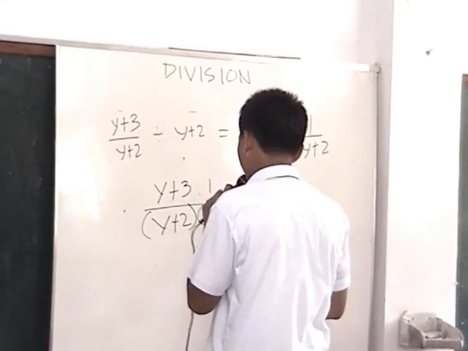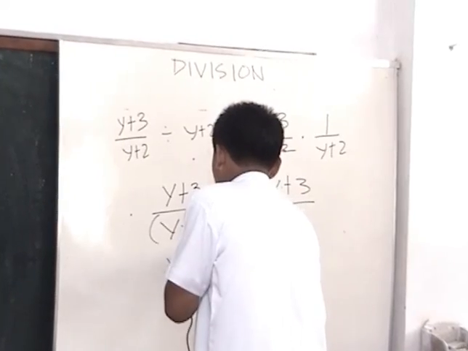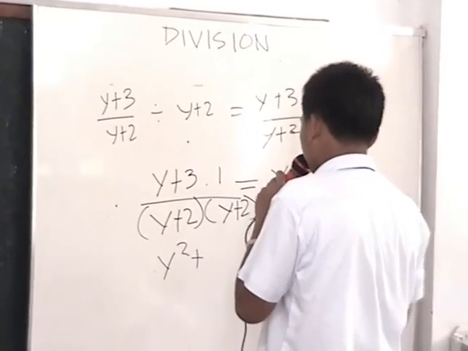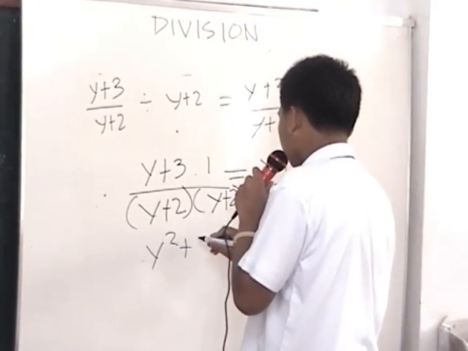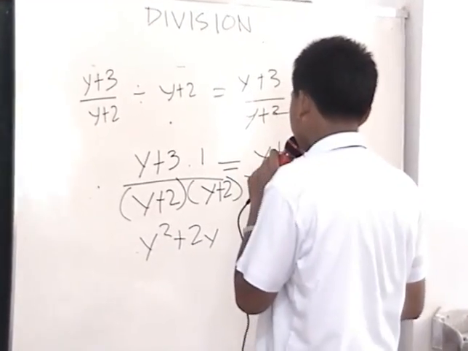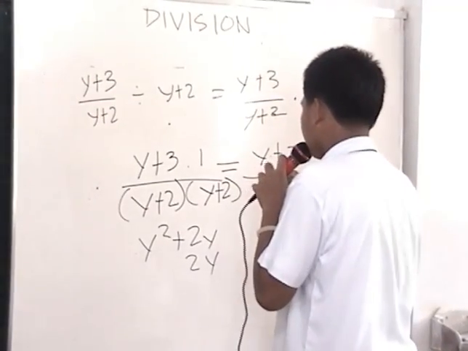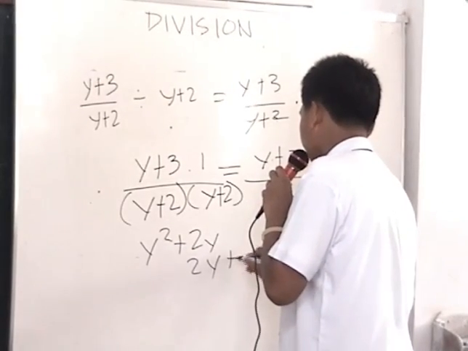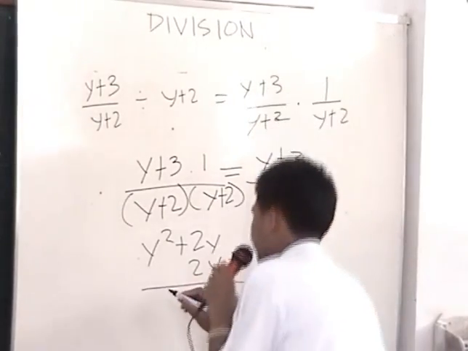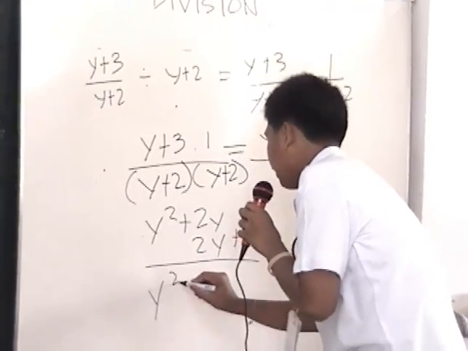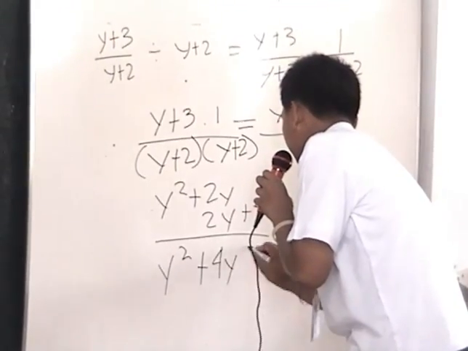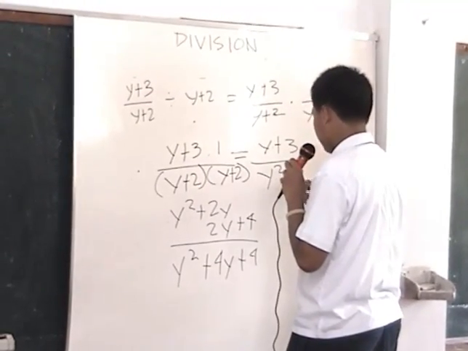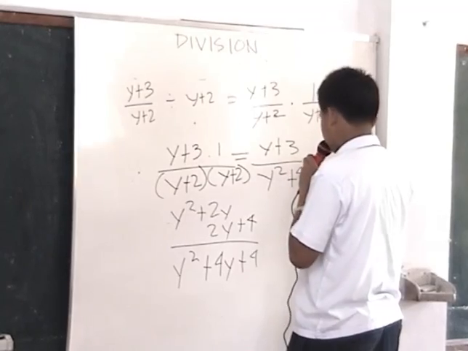We need to find first: y times y equals y squared, plus the outer, y times 2 equals 2y, and the inner, 2 times y equals 2y, and the last is 2 times 2, which is equal to positive 4, and the answer is y squared plus 4y plus 4.